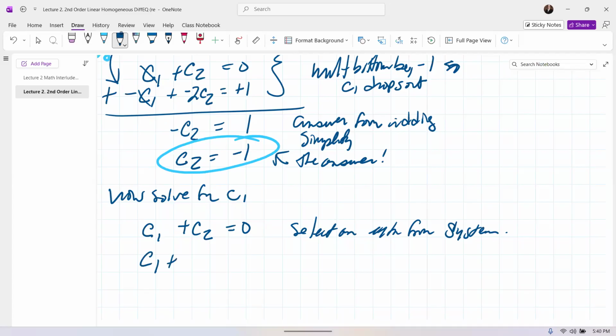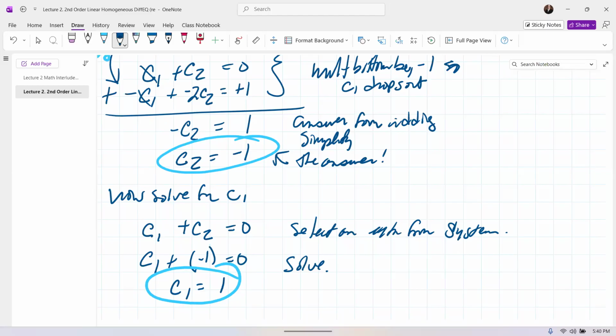So we do C1 plus, and we substitute in the C2 value from right here, equals 0. And now we get that C1 equals 1. Ta-da! We now have the other answer. And now we have our C2 and we have our C1.